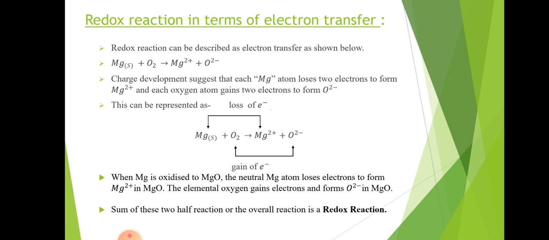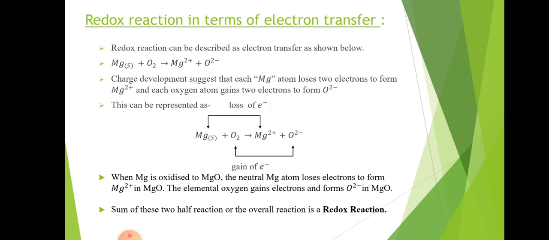When magnesium is oxidized to magnesium oxide, the neutral magnesium atom loses electron to form magnesium ions, and elemental oxygen gains electron and forms oxygen ions in magnesium oxide.